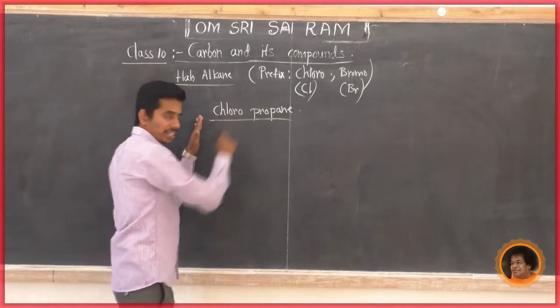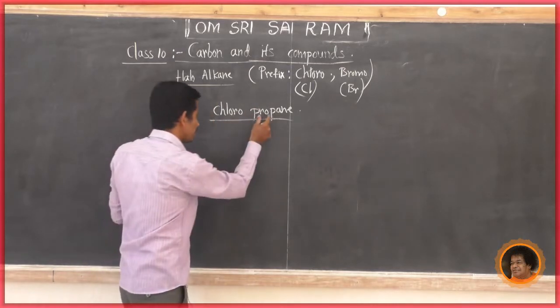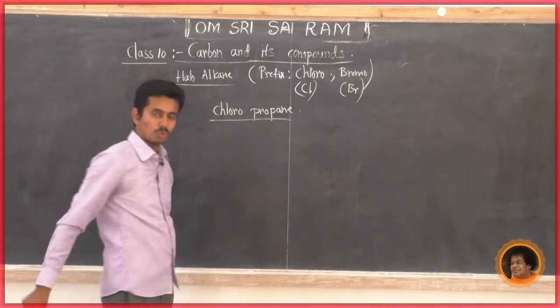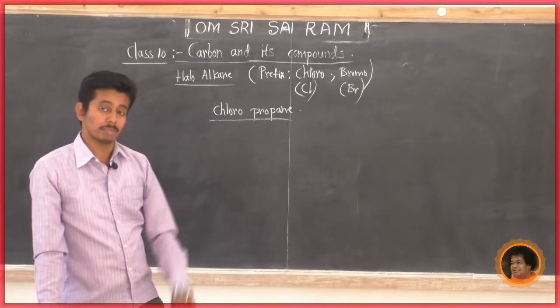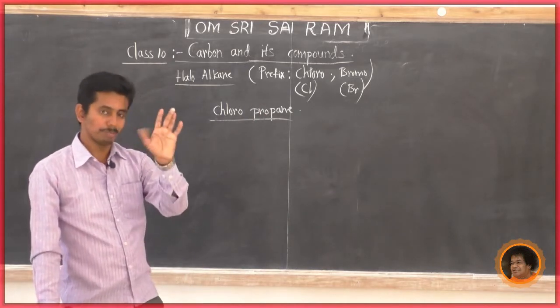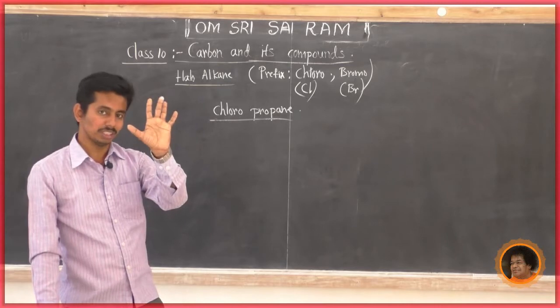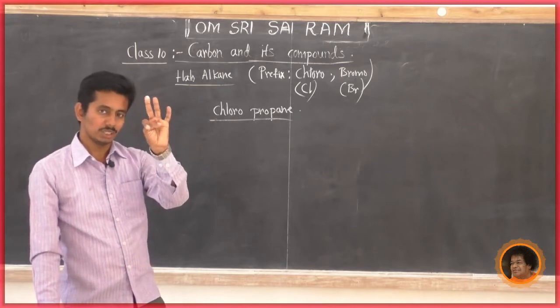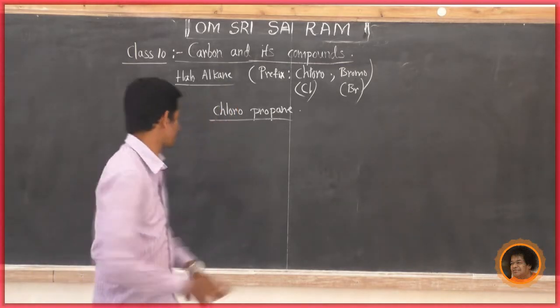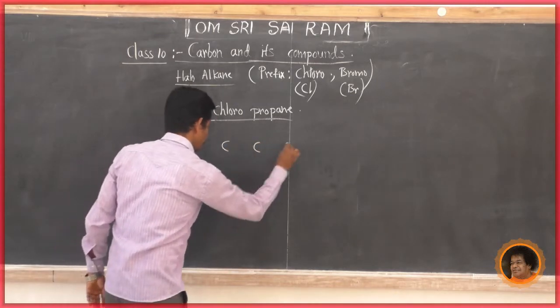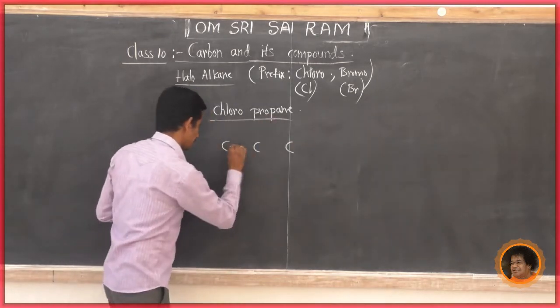Now, for chloropropane, write the structural formula. Write the structure of propane first. What do you mean by prop? How many carbon atoms does it consist of? Meth, eth, prop: meth 1, eth 2, prop 3. So prop means 3 carbon atoms, with single bonds in between.